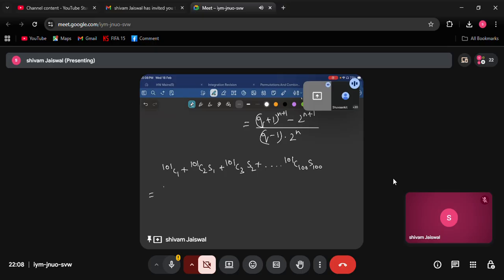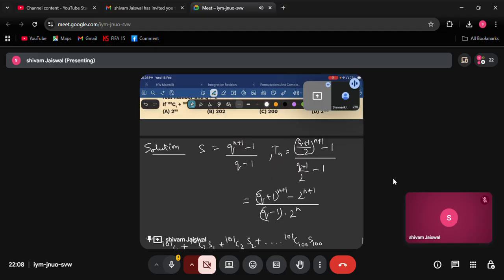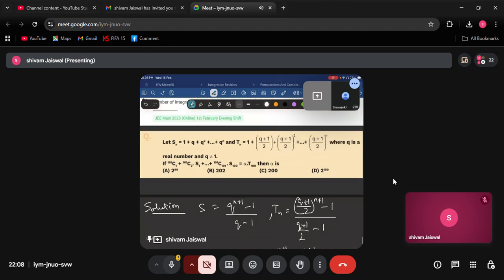So we are getting 101 C1 plus 101 C2 into S1. Basically, this is actually Sn. So S1 will be equal to (q square minus 1) upon (q minus 1). Right, tell me.